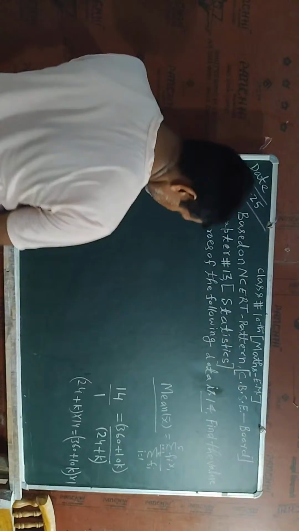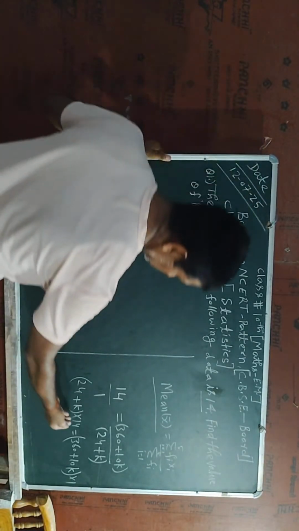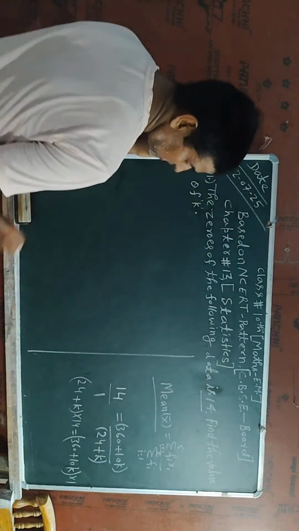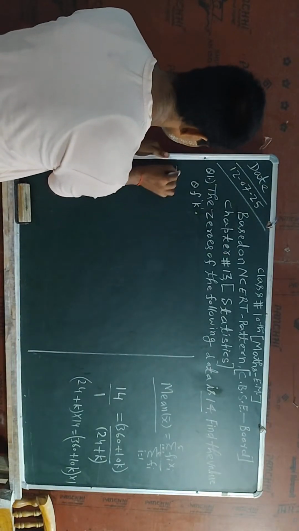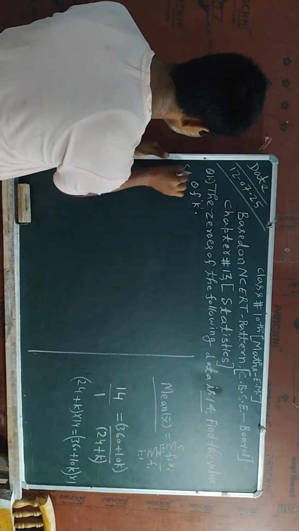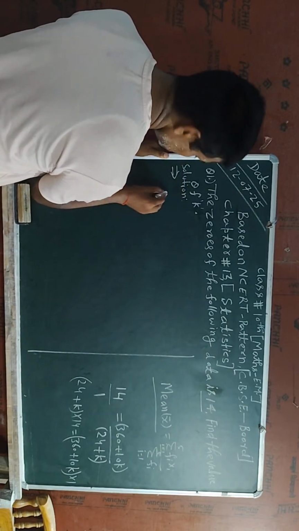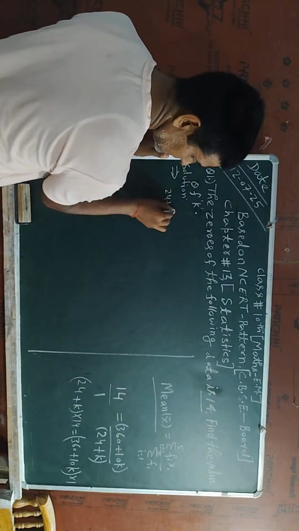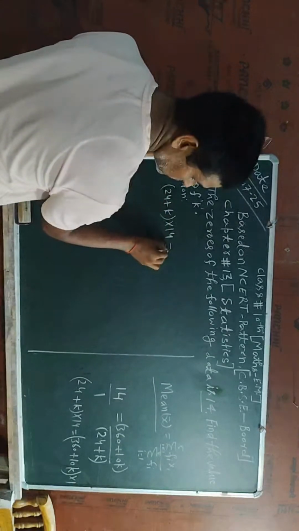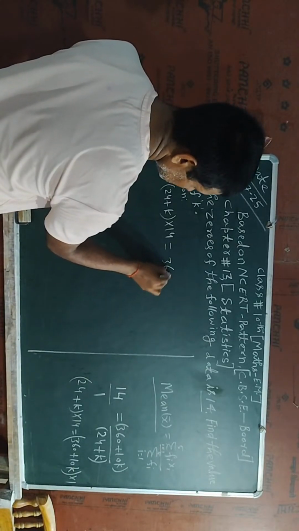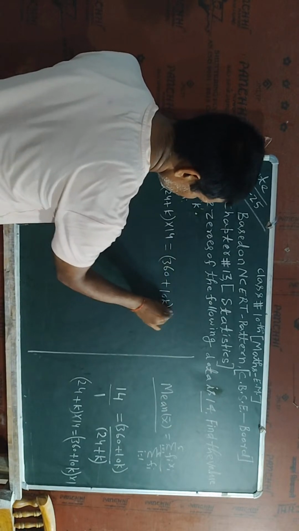So first of all, I will draw a line, and then I will simplify this term. I will multiply with this term. Here I am writing into multiplied with 1.